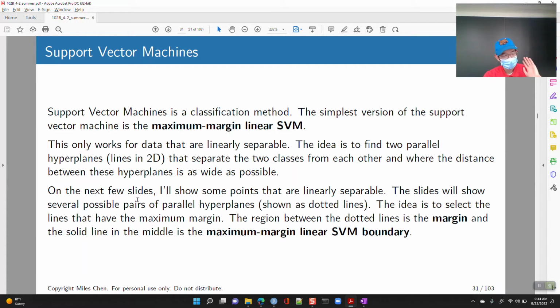But anyway, we start off with this simple version called the maximum margin classifier, and we have the maximum margin linear support vector machine, and then we make these things more and more complicated until we get to something called kernelized support vector machines, which is what we think about when we do support vector machines.